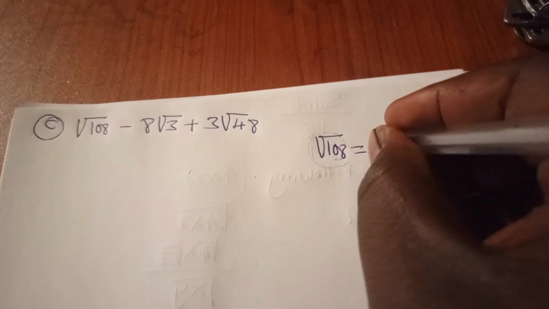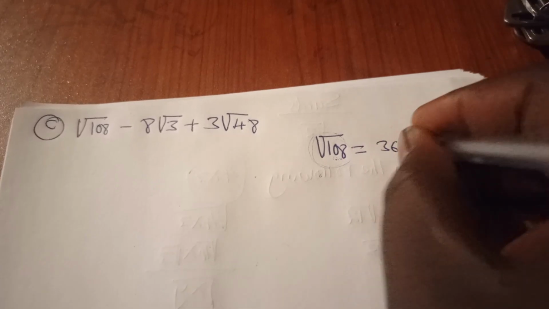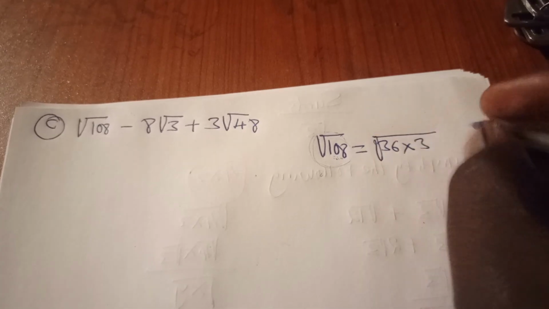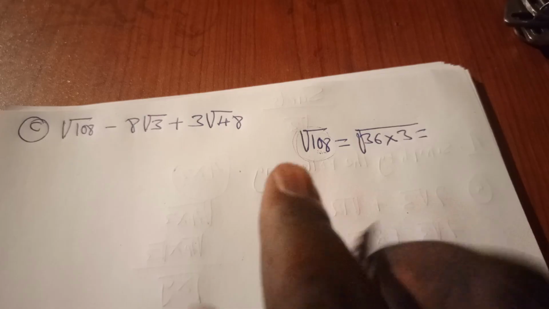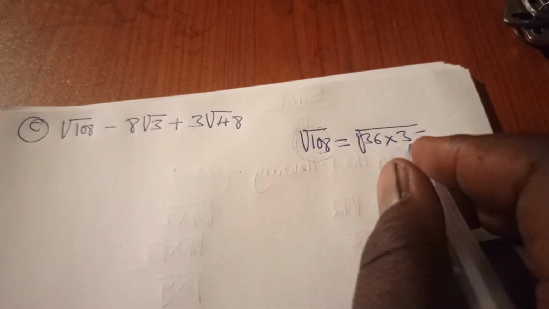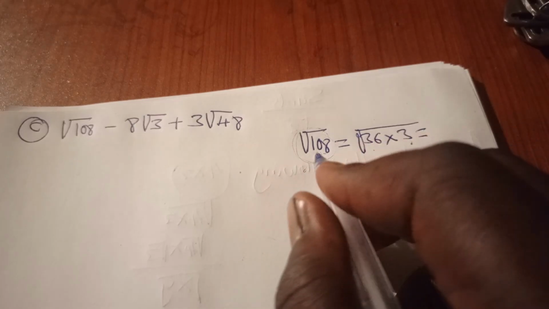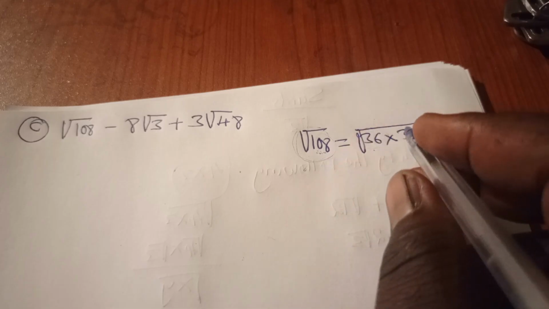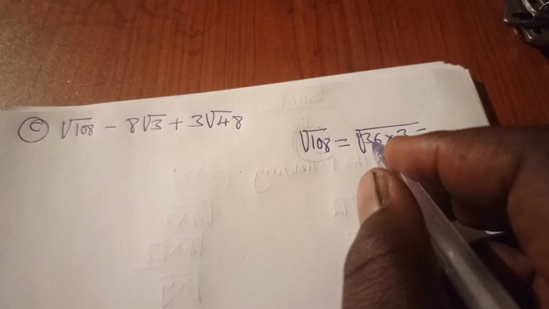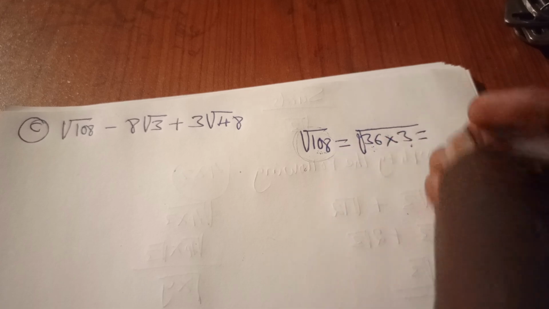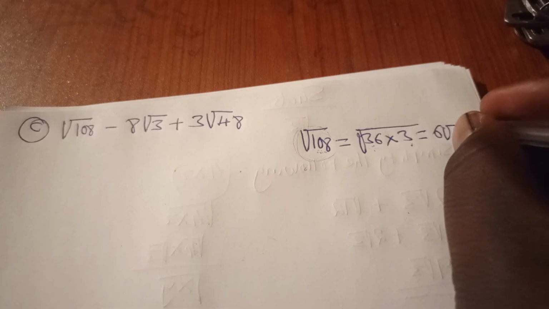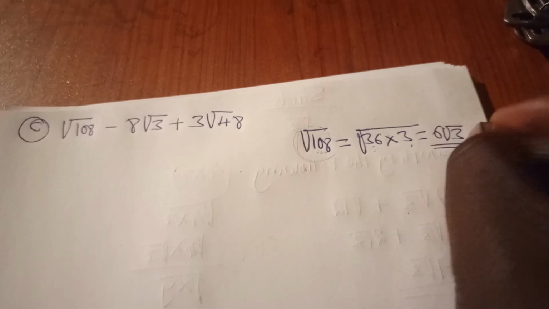I'll try 36 times 3. I put a square root here, and 36 has got a perfect square, which is 6. Then 3 has got no perfect square, so I'll just write 3 here like this.